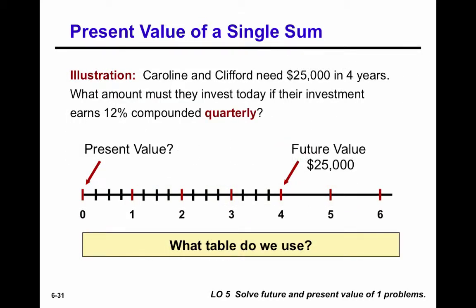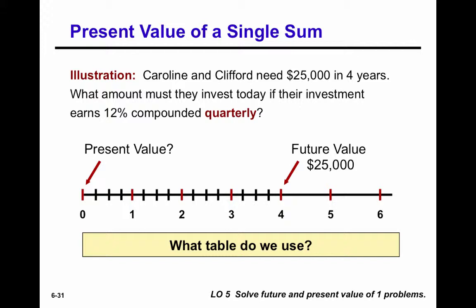Now changing it slightly, what if it's going to be 12% but the interest is compounded quarterly? They still need the same 25,000 in 4 years, but now they get quarterly compounding. In this case, because it's a different number of periods than annual, we divide the interest rate by the number of compounding periods. So 12% divided by 4 gives us 3%.